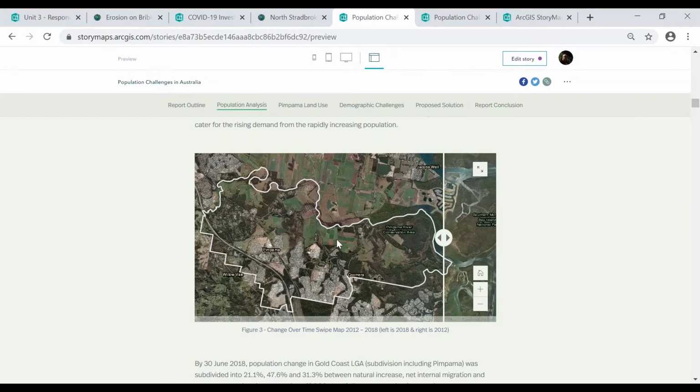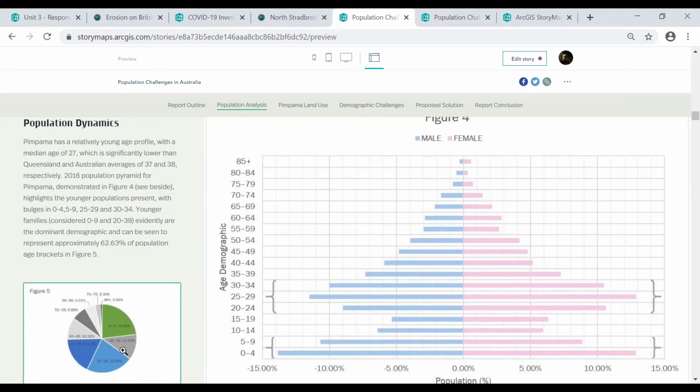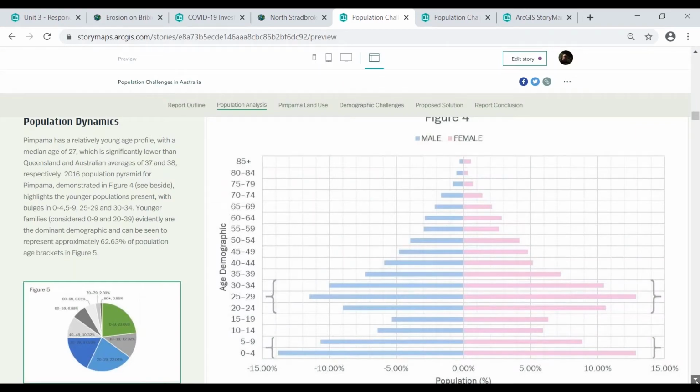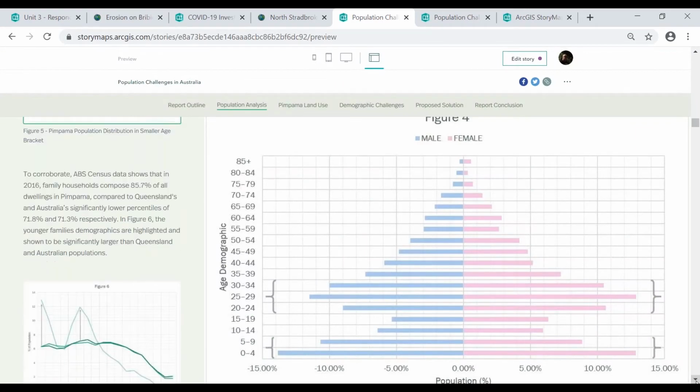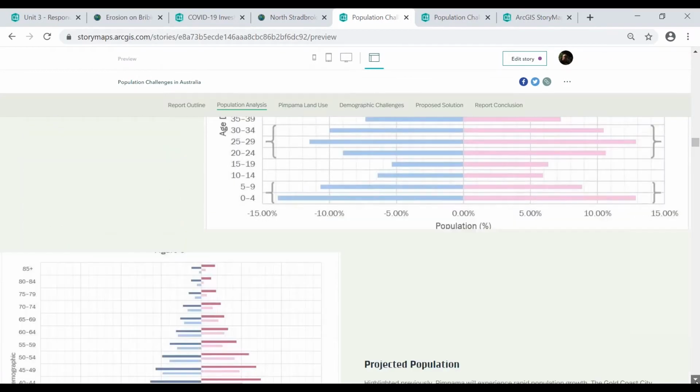You've got farmland up here, conservation area, and change in land use. Again, he's used graphing, really sophisticated graphing, and again, it's pop-outs, and his writing is absolutely spot on. So this is a really good example.